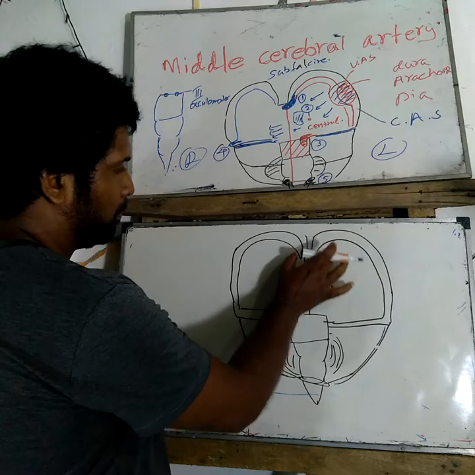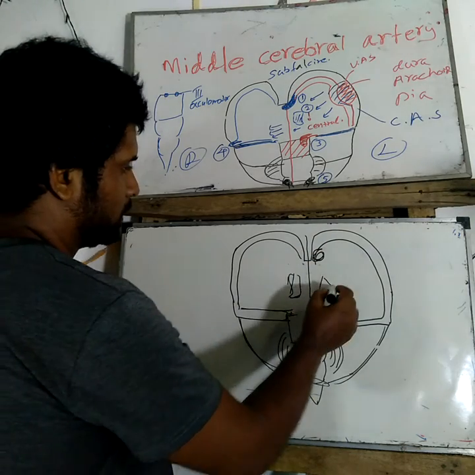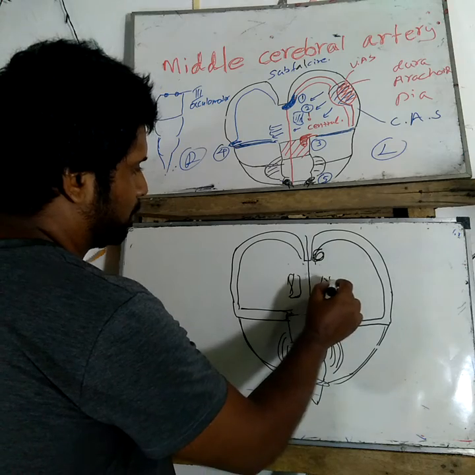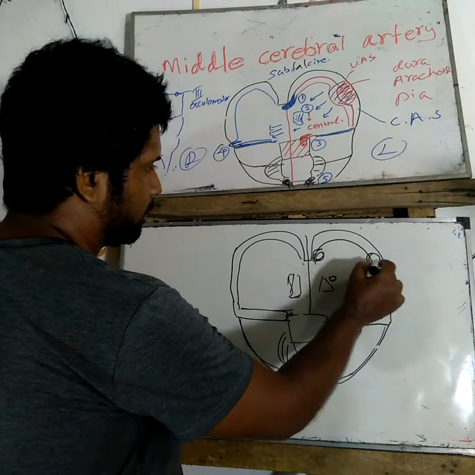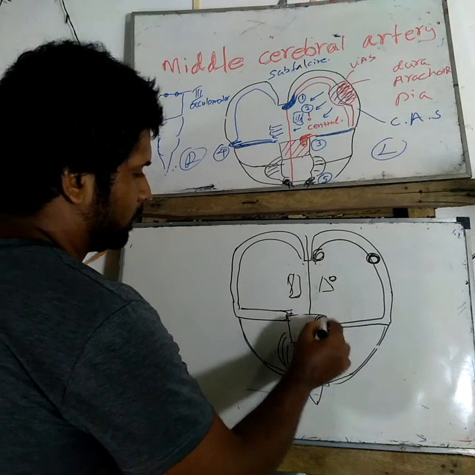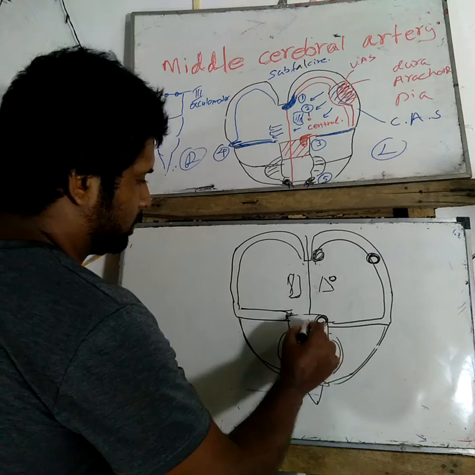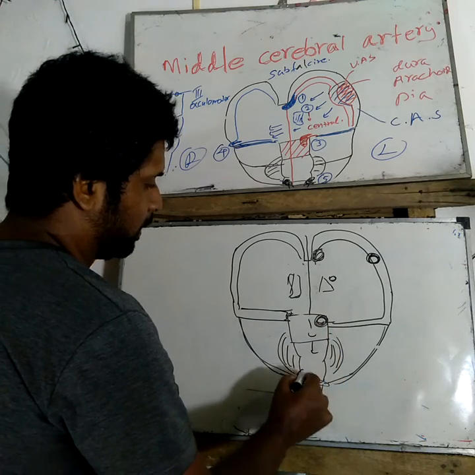Cingulate compression area, the middle compression area. This is the lateral cortex compression area. It's the cingulate gyrus. This is the uncal herniation, downward, and cerebellar herniation.